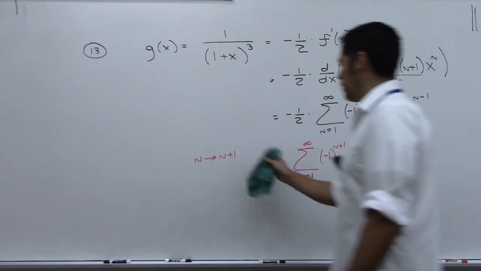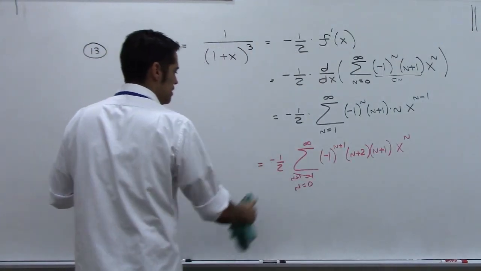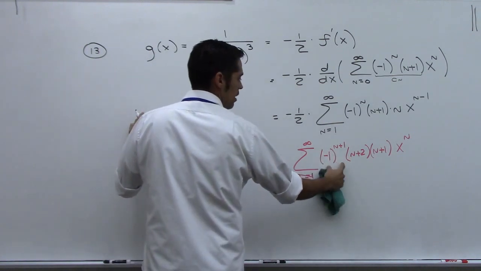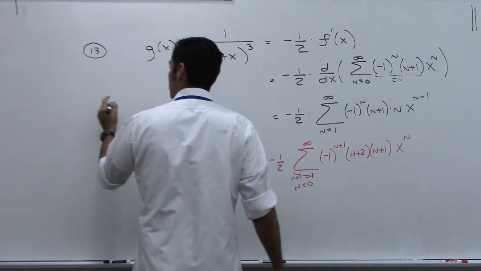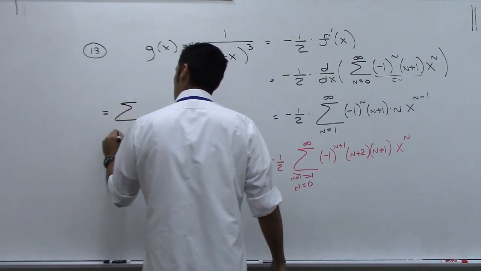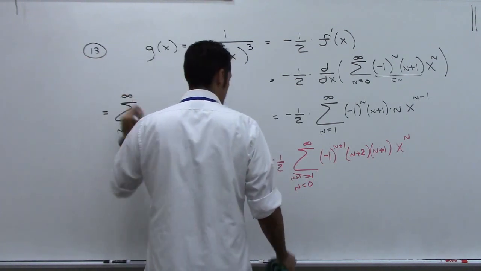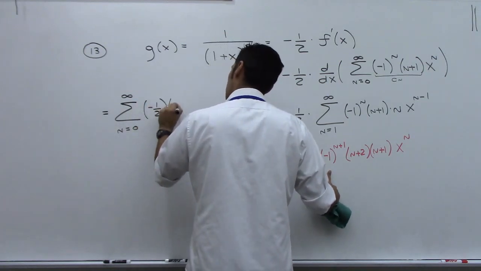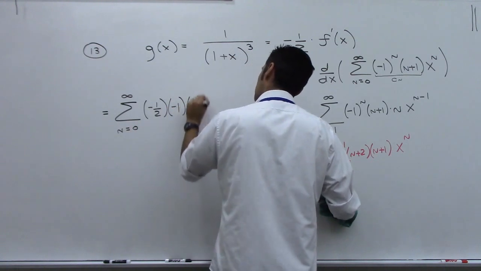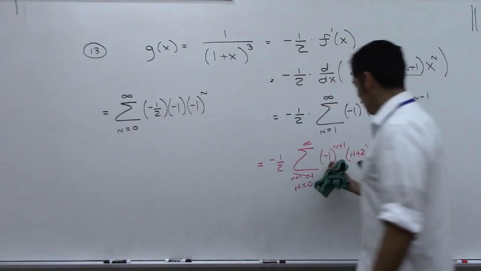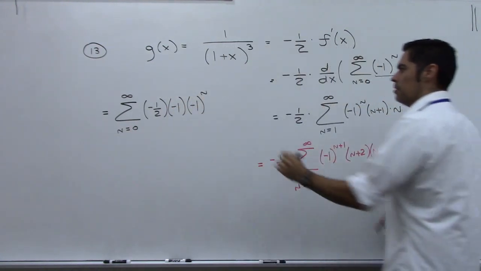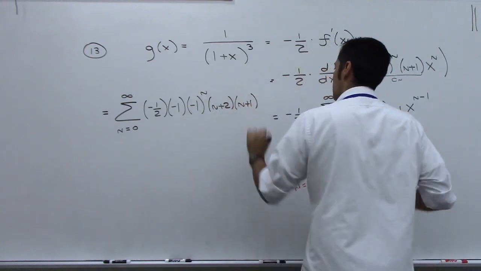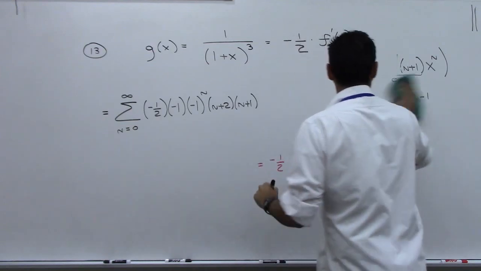So now what I'd like to do is take that negative 1/2 and put it inside, and I'm going to split this negative 1 up right here using that power. So I've got sum n equals 0 to infinity, negative 1/2, negative 1, negative 1 to the n. So that's just splitting this into 2. Then these two, n plus 1, 2 times n plus 1, and then times x to the n.